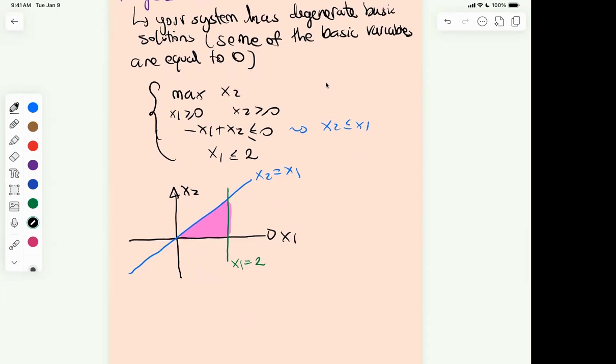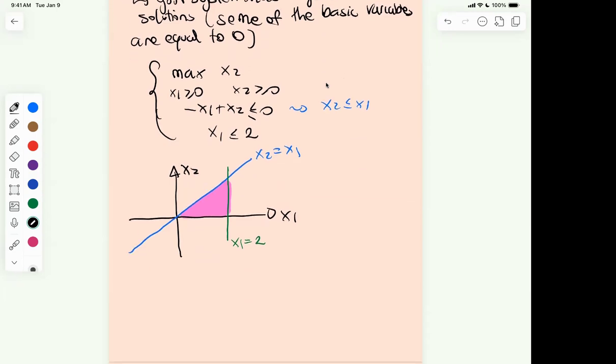Okay. And if you remember, the basic solutions correspond to the corners, right? So in this case, there should be 3 basic solutions, okay? But the origin, which is a basic solution here, was a degenerate solution.